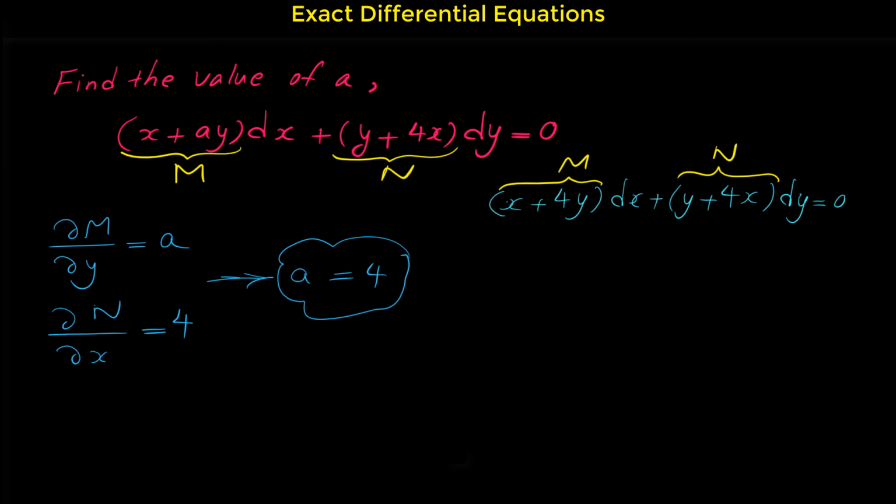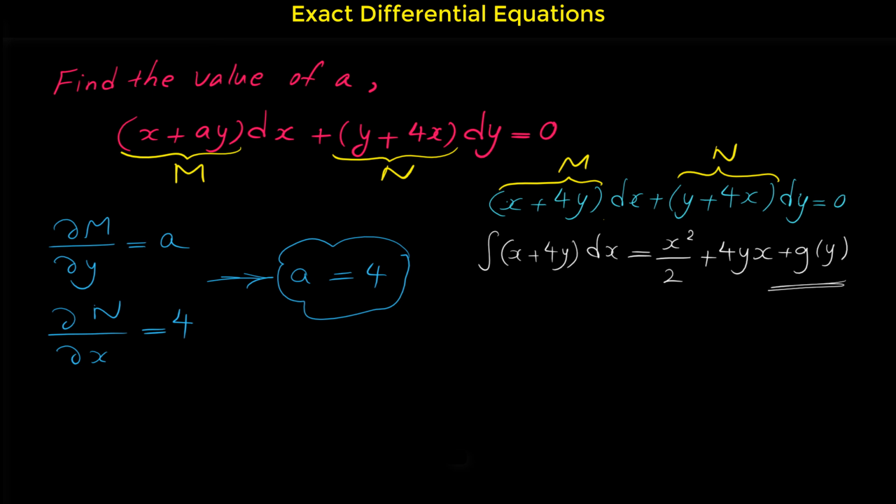For solving this exact differential equation, as usual, first we have to integrate m with respect to x. Integral of x plus 4y dx is equal to x squared over 2 plus 4yx. And don't forget to add g of y here.